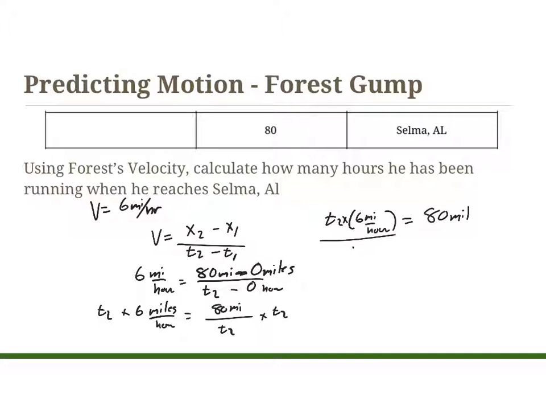If I divide both sides by 6, t2 is 80 divided by 6, which is roughly 13.3 hours. So this guy has been running for 13.3 hours. Whew. All right, one more, and then we're done.